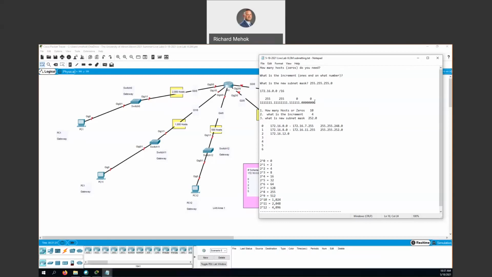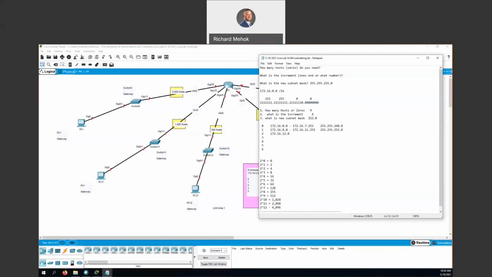Make sure I did the math right. So we got 1, 2, 3, 4, 5, 6, 7, 8. Okay. So we have 8 zeros in the fourth octet. Now we have 9. So we said how many zeros?